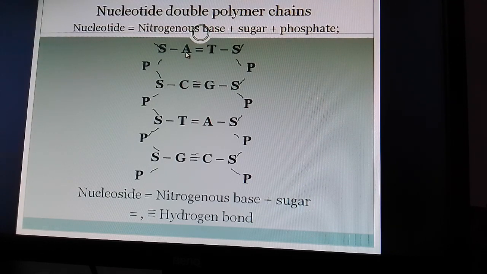So there are three components. And the structure with these three components, that is either purine or pyrimidine and deoxyribose sugar and then the phosphoric acid, is called nucleotide. So that way you can differentiate these two terminologies. Nucleoside, nitrogenous base plus sugar only, and nucleotide, nitrogenous base plus sugar plus phosphate.